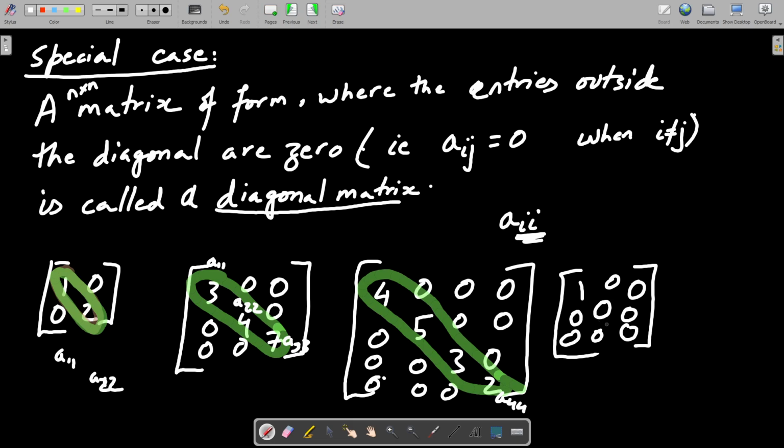These two entries over here are 0, but still it is a diagonal matrix, because the condition I have said here is that the entries outside the diagonal should be 0. On the diagonal, all of them can be 0 also, I don't mind. But outside, whatever is there should compulsorily be 0. Yeah, so moving on.